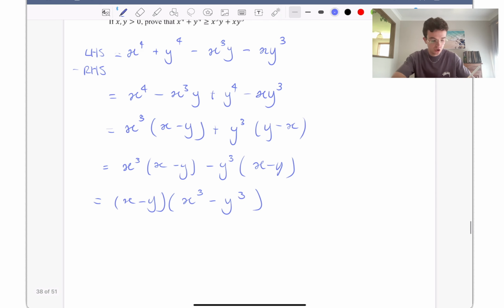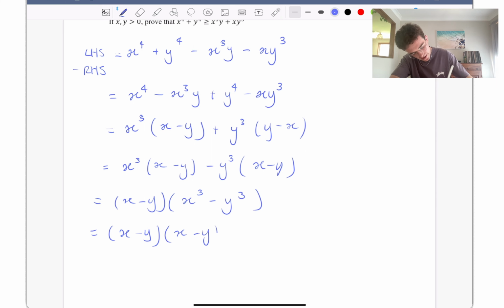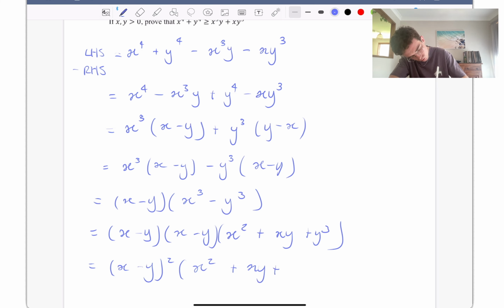Now that's a difference of 2 cubes, so this is x minus y times x minus y times x squared plus xy plus y squared, which is x minus y squared times x squared plus xy plus y squared. Okay, we're almost there.